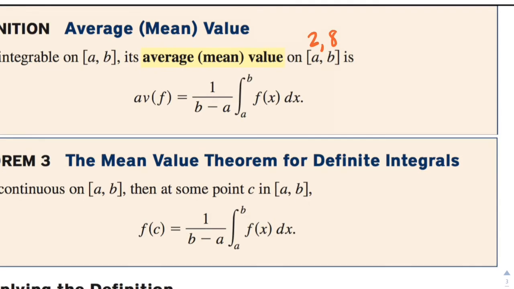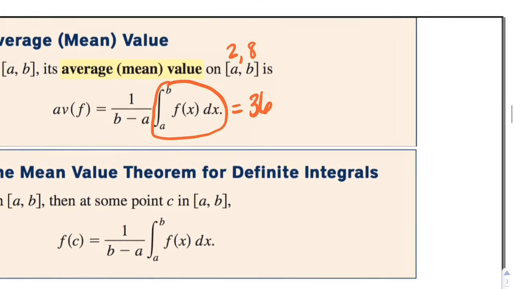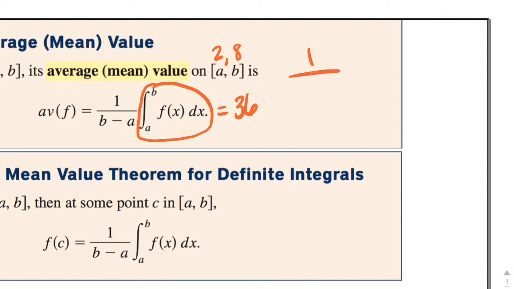So if this goes from 2 to 8, and this particular function between 2 and 8 has 36 square units, what I'm going to do is write 1 over 8 minus 2. That's going to give me my width, which is 6. I'm going to multiply that by the integral from 2 to 8 of f of x dx.